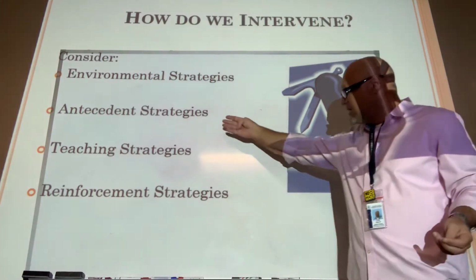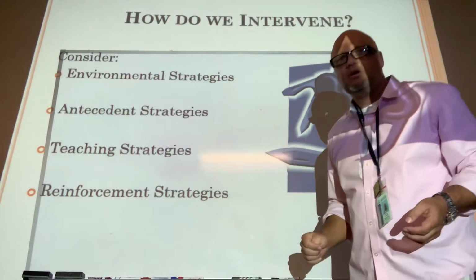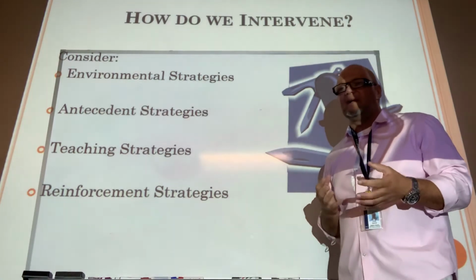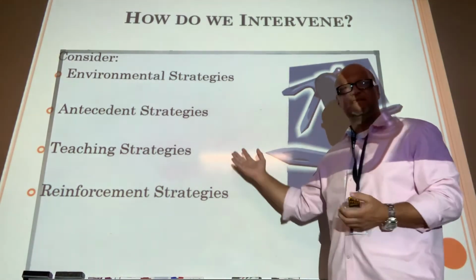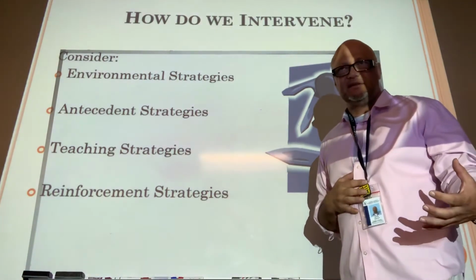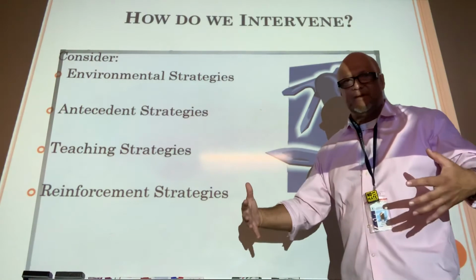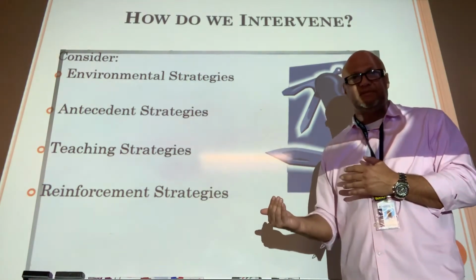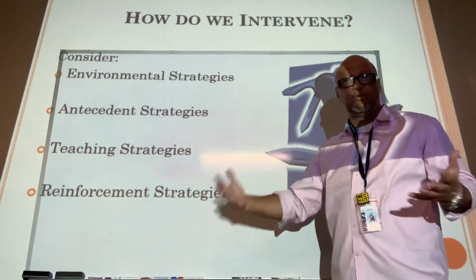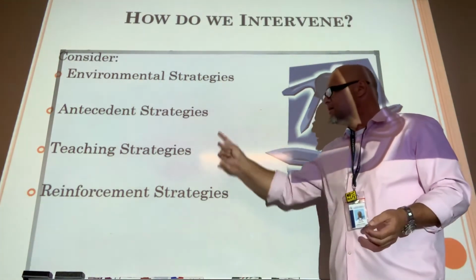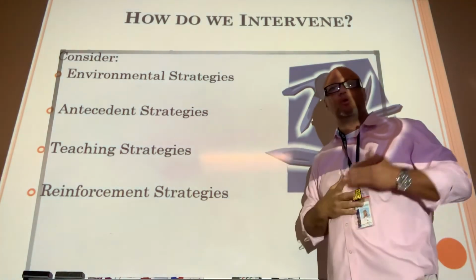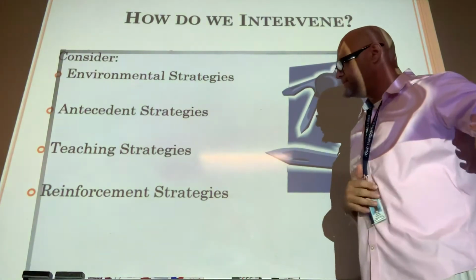Antecedent strategies, a client himself can be aware of antecedents that occur, but really the client doesn't produce antecedents. So this is in a family therapy or a spousal type situation. The other supporters of this client would be using these antecedent strategies to support the client.